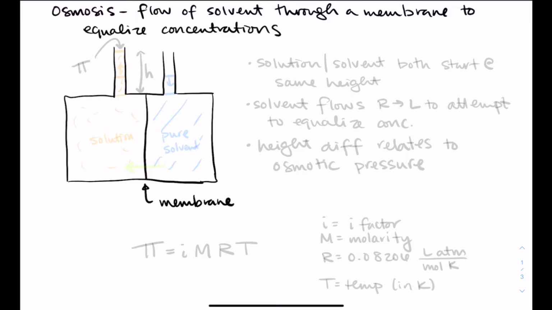In osmosis, this is the flow of solvent. So the solvent will go from the right to the left to try to equalize the concentrations.